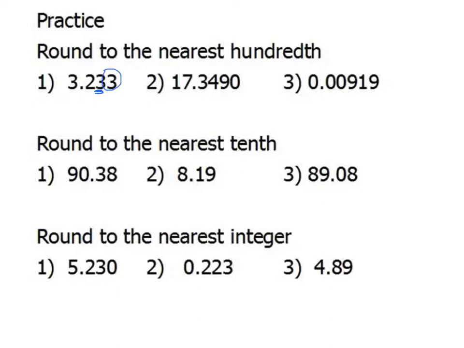So in this case, I'm going to look to the number to the right. The number to the right of that underlined number is 3. Is that 5 or greater? No, it's not. So I know that the underlined 3 will stay the same and everything to the right will go away. So this rounded would be 3.23.